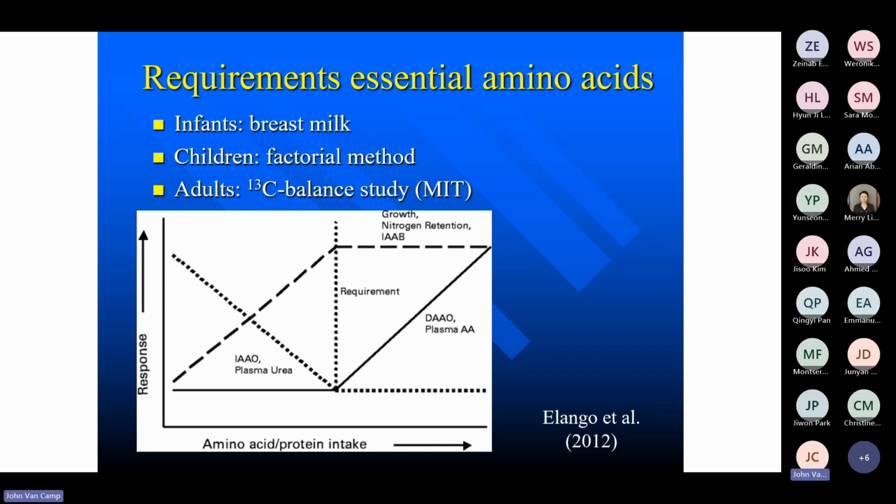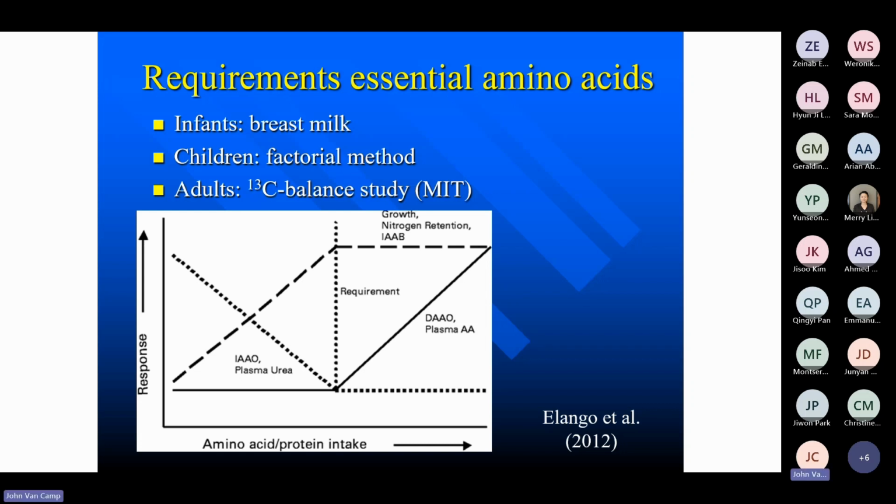As soon as we get to the recommendation and go beyond it, we cannot further use the indicator amino acid to produce body protein. There is no further reduction in losses of the indicator amino acid, because you cannot incorporate it anymore in body protein.